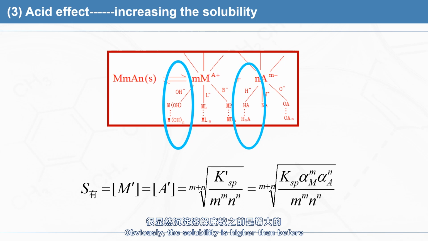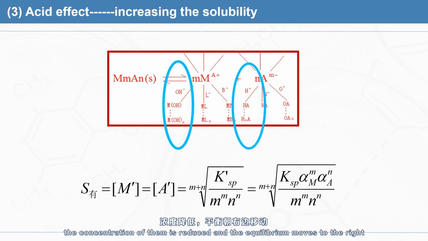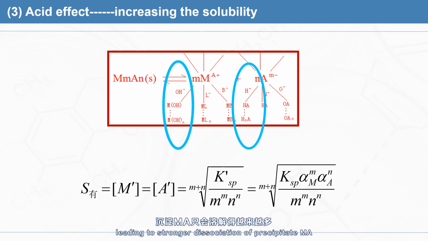Obviously, the solubility is higher than before, which can also be obtained from the dissociation equilibrium of precipitate. If the acid effect exists in system, which means the hydrolysis of crystal ion M or A occur, the concentration of them is reduced and the equilibrium moves to the right, leading to stronger dissociation of precipitate MA.